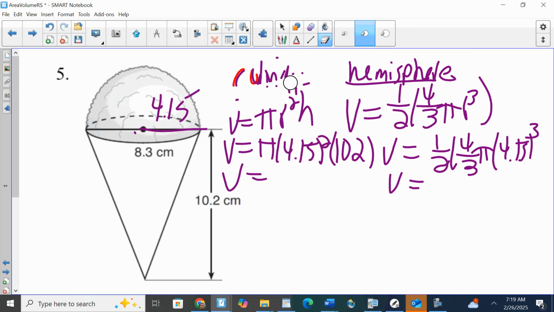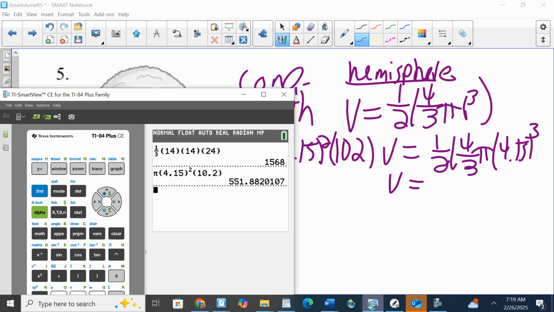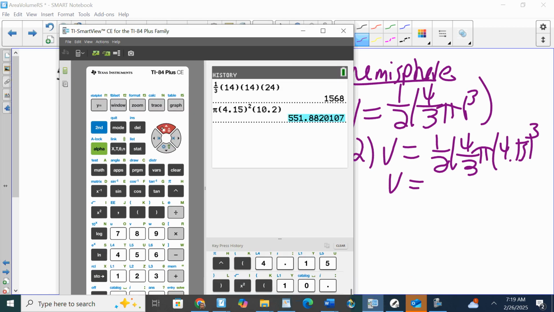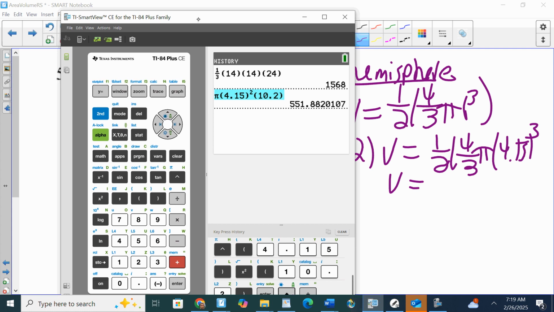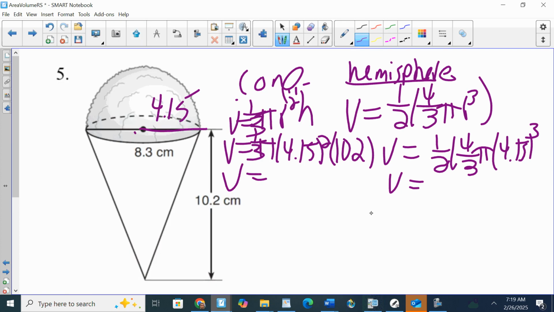Wow, that's a cone. It's 1/3. So I can just copy and paste that times 1/3. Doesn't matter where the third goes. I got 183 dot dot dot.